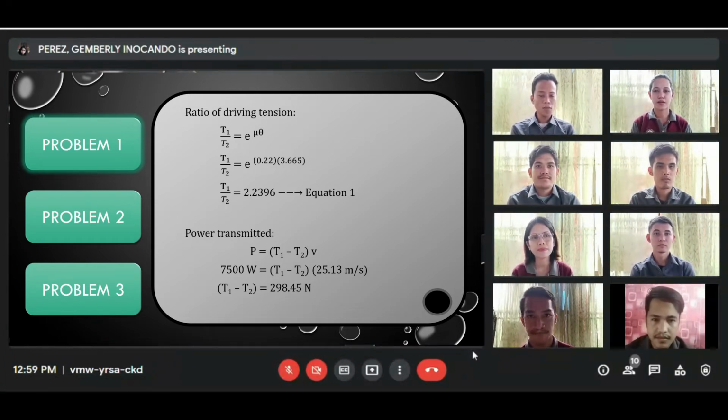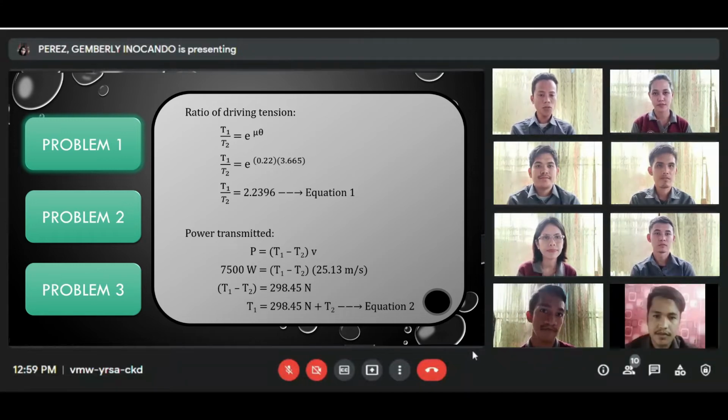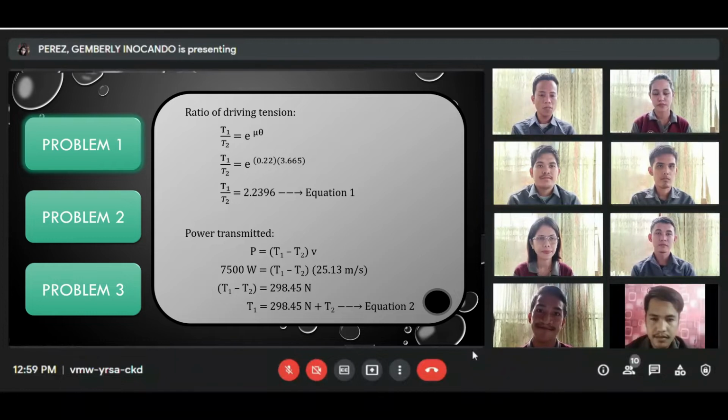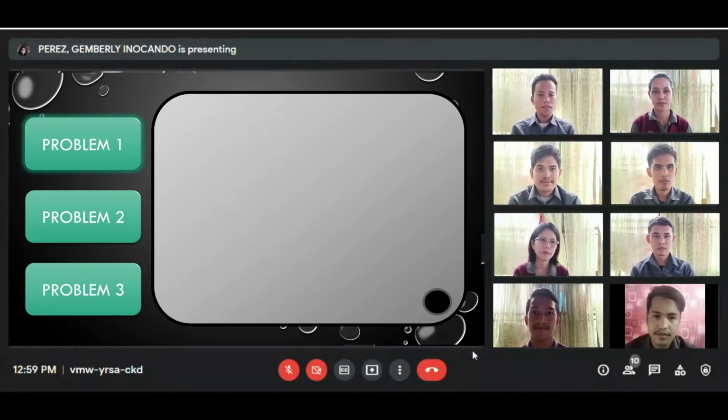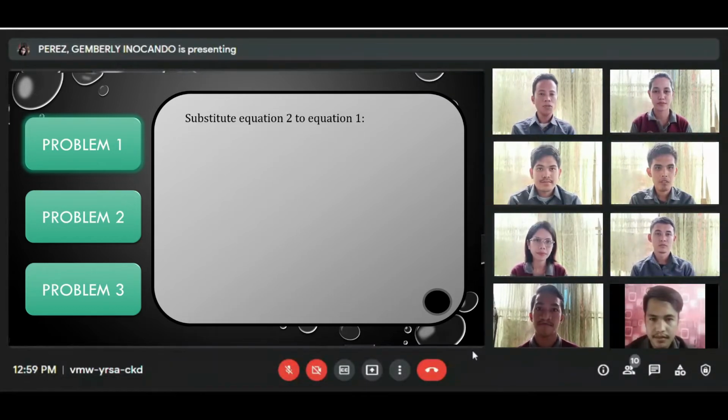After that, we transpose T sub 2, and T sub 1 is equal to 298.45 Newton plus T sub 2, which is equation 2. Then we have to substitute equation 2 into equation 1.